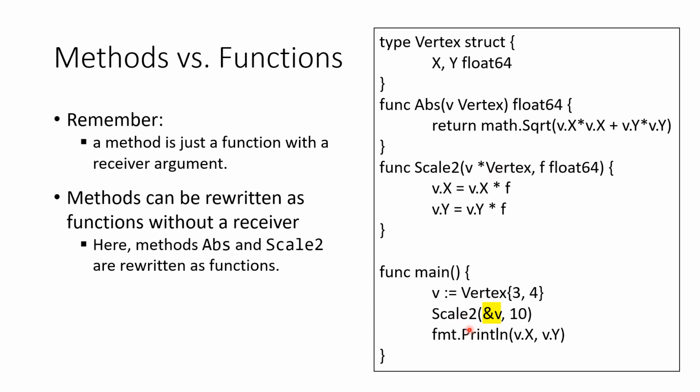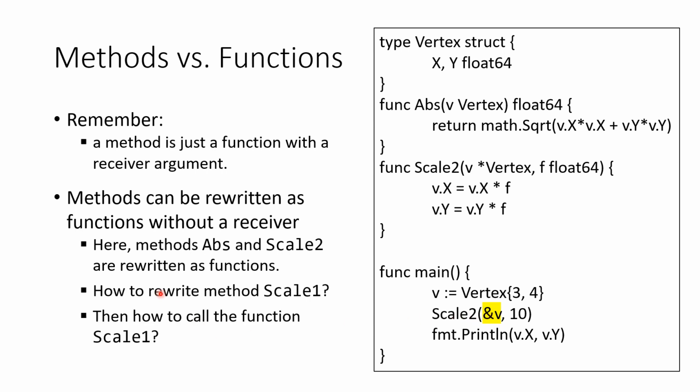Then when you call function scale2 on the Vertex instance v defined in the main function, you need to pass the reference of v, denoted by &v, as argument. As an exercise, you should figure out how to rewrite method scale1 as a regular function and then how to call the function scale1.